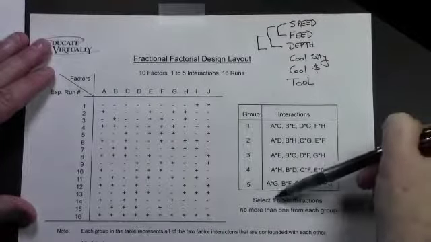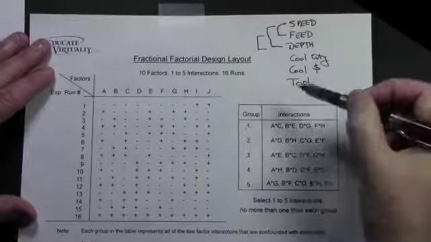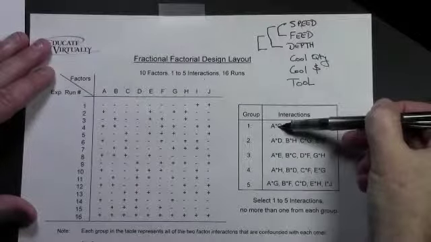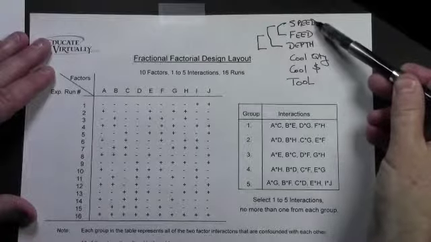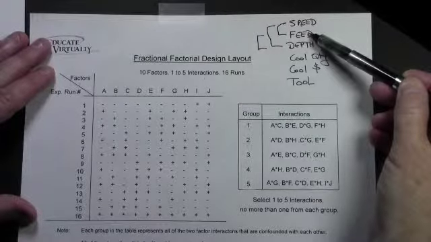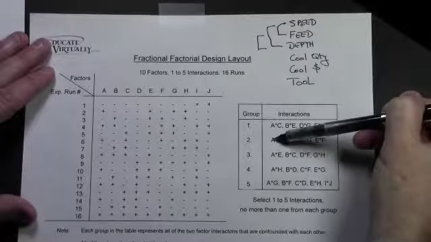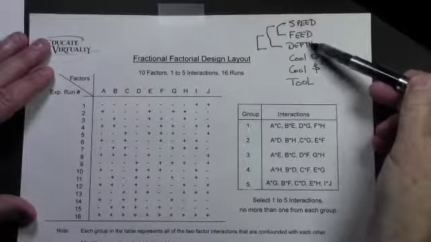I can select anywhere from 1 to 5 interactions, but no more than 1 from each group. So if I take a look at this, A and C has a possibility. So A for speed and C for feed. All right, and then what about depth of cut? Well, A and D. Now, do I have a C and a D?